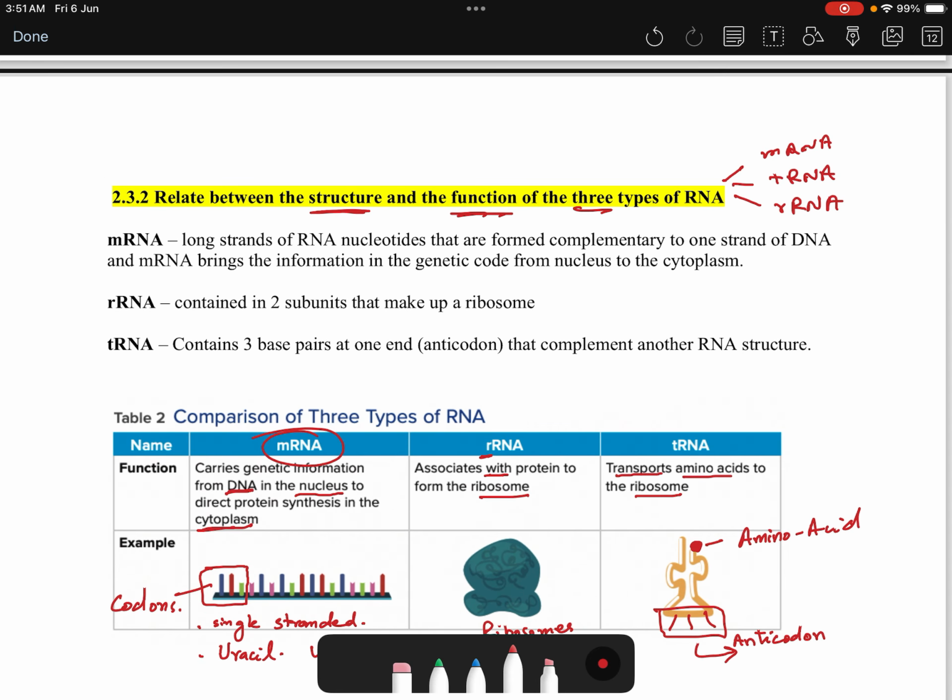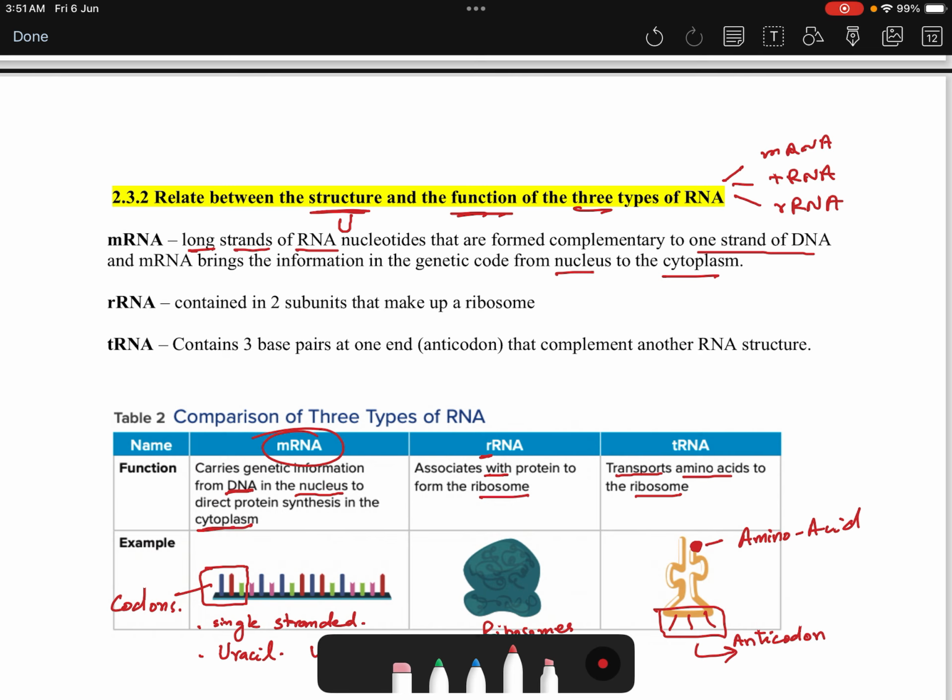Learn them as they are. mRNA is long strands of RNA nucleotides. I told you RNA nucleotides mean they have U, not T, and they are single stranded because they are made complementary to one DNA strand, and this information moves from the nucleus to the cytoplasm.